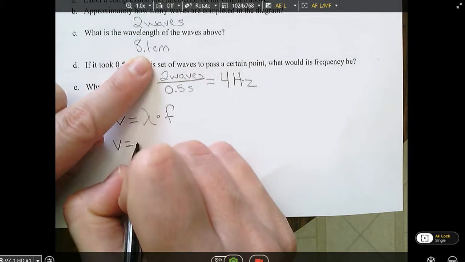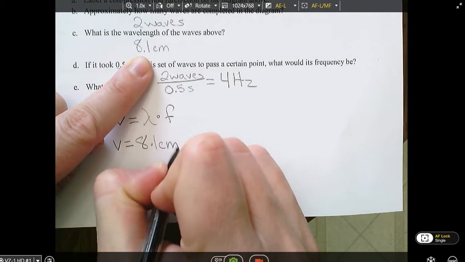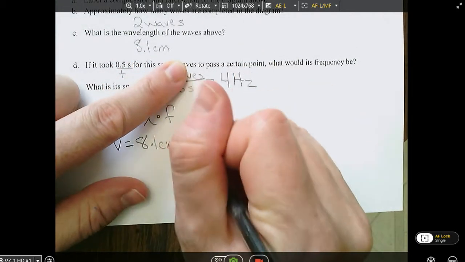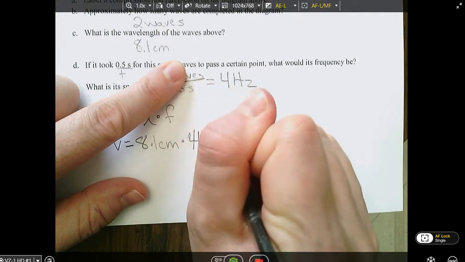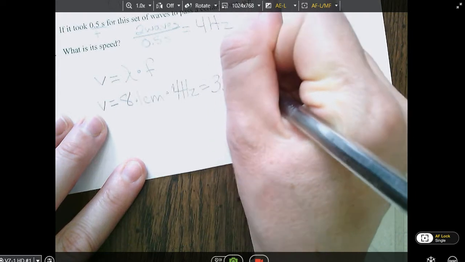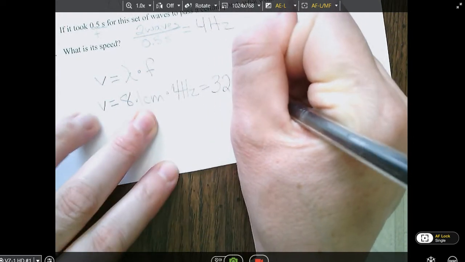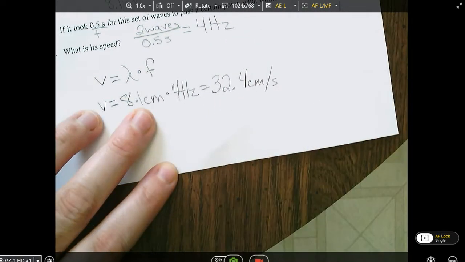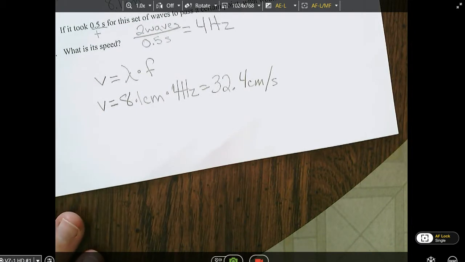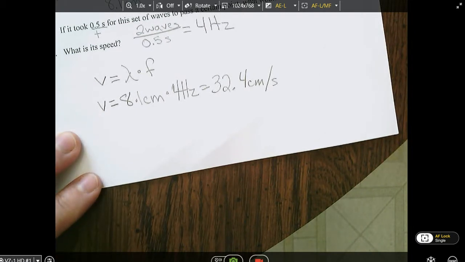Velocity equals wavelength, 8.1 centimeters, times frequency, 4 hertz. And then I plug it in and I get 32.4 centimeters per second. That was a really tough one. We really struggled with that.